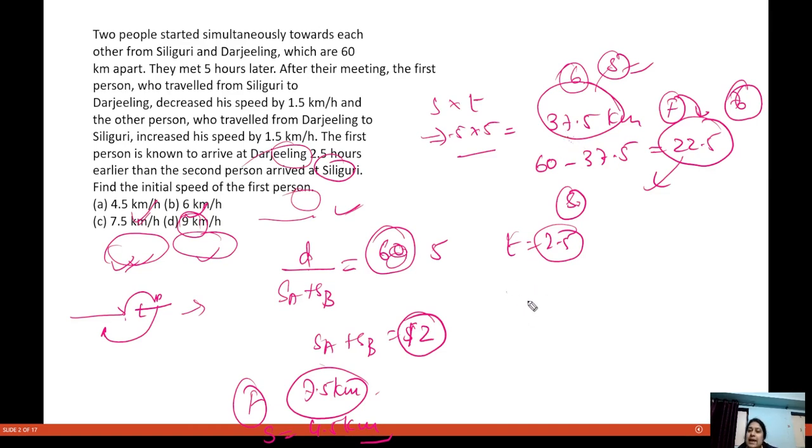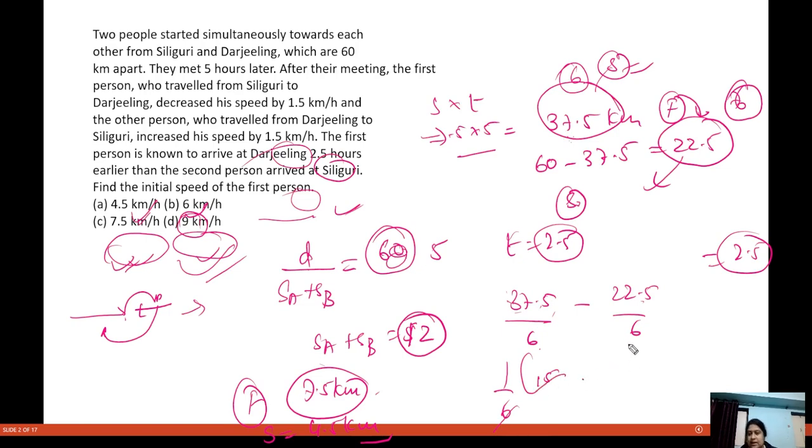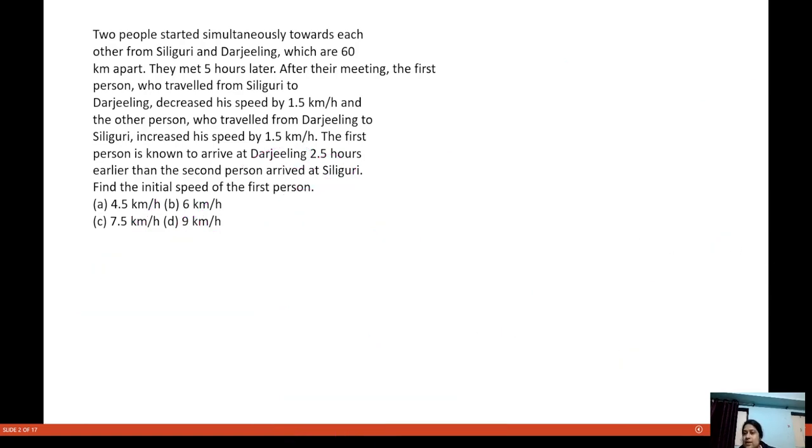So 37.5 divided by 6 and 22.5 divided by 6 should come equal to 2.5. Otherwise we'll check 9 kilometer per hour. But when we check this, the difference is 15, and 15 divided by 6 is what? 5 by 2, which is exactly 2.5. So this is how we get our answer, that what we are assuming here, 7.5 kilometer per hour, is correct. Okay, fine.